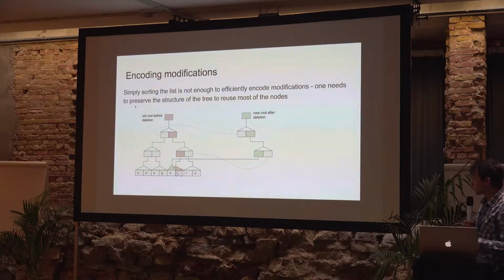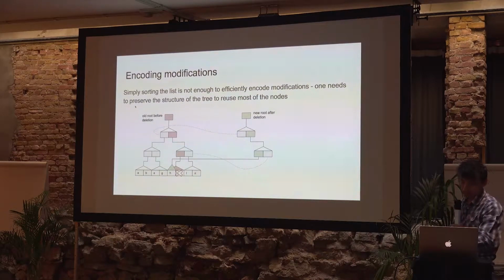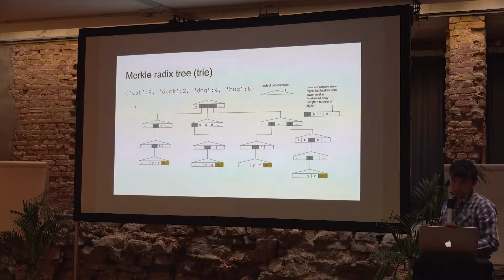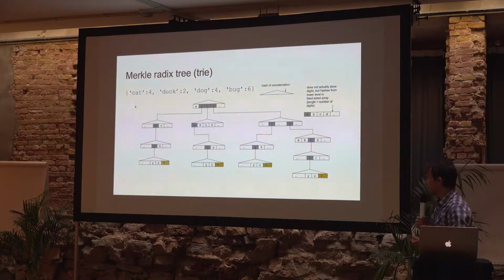So essentially, we want to encode modifications compactly, and one of the solutions to this problem is the Merkle radix tree. What you can see here is a radix tree of radix 26, because it's the Latin alphabet, and you can see how we put the words bug, cat, dog, and things like this.